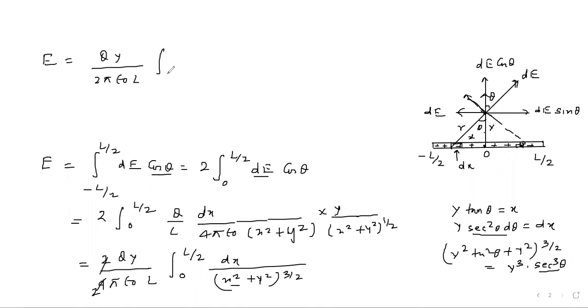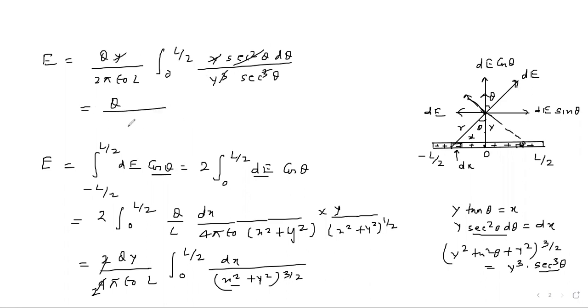So we can write it 0 to L by 2, and in place of dx it is y sec square theta d theta divided by, in denominator we are getting y cube times sec cube theta. So sec square theta will cancel out from here, sec theta will be left, one y will also cancel out, but another y is also there, so only y will be left in denominator.